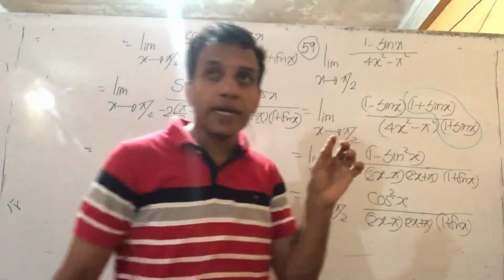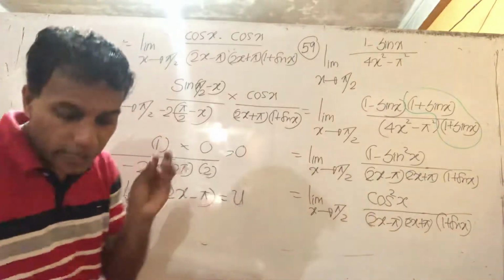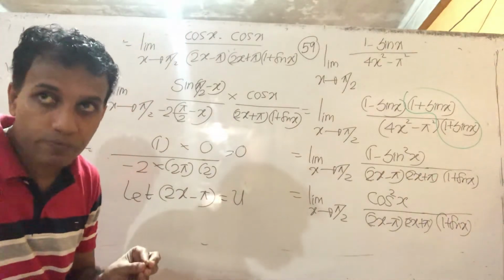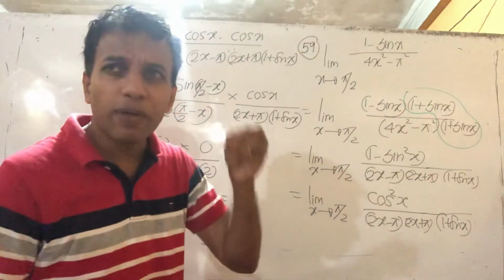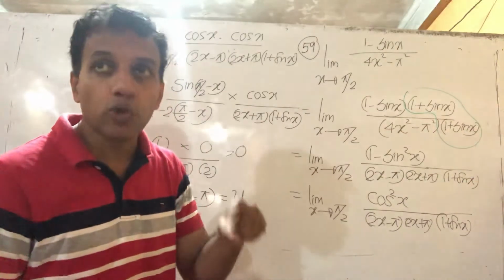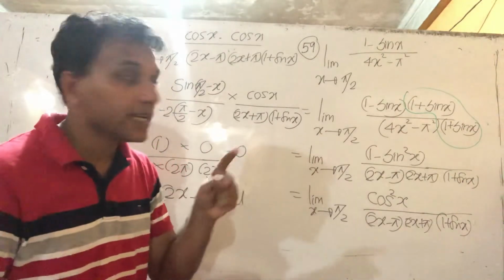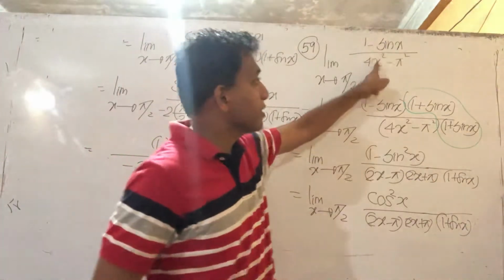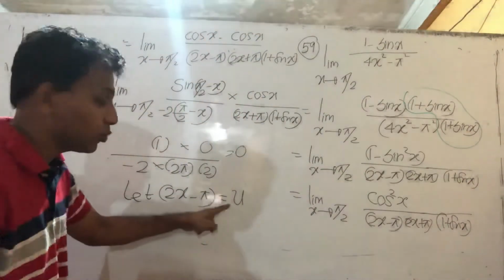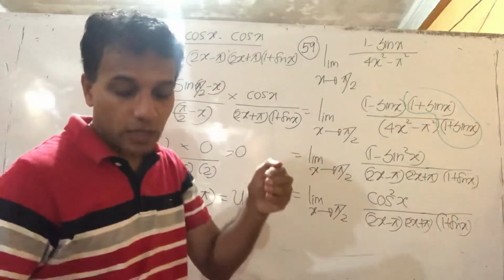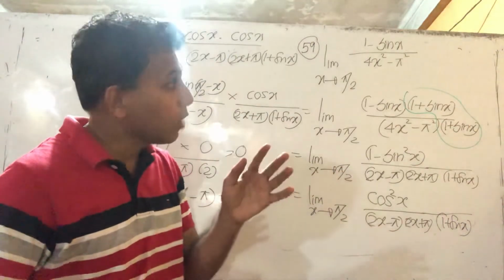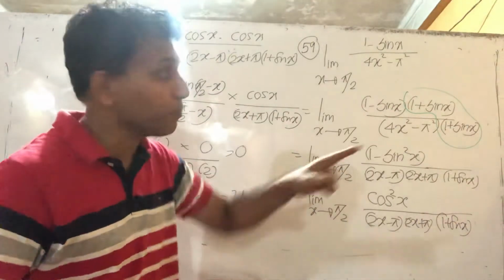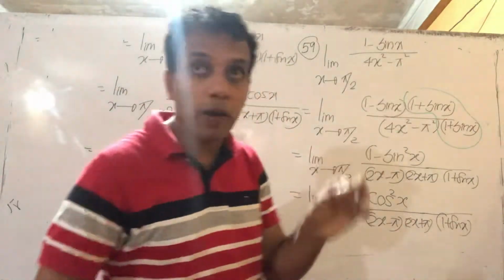For that, sine of x equals sine of pi by 2 plus u by 2. That is the sine 90 plus theta pattern. Sine 90 plus theta is cos theta. Below also you write x in terms of u and complete it. It becomes 1 minus cos u by 2.